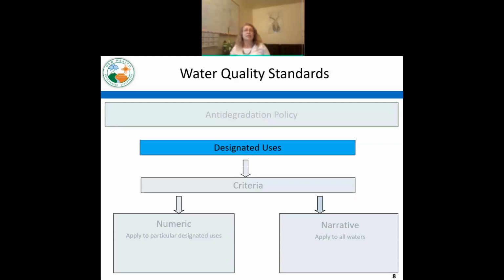Now, amending designated uses is the predominant type of amendment that we see in the state's water quality standards. And generally, it's the most involved type of amendment as far as processes go. And here's why. When a water body is identified to need a designated use review, a comprehensive evaluation is initiated through the development of a work plan.